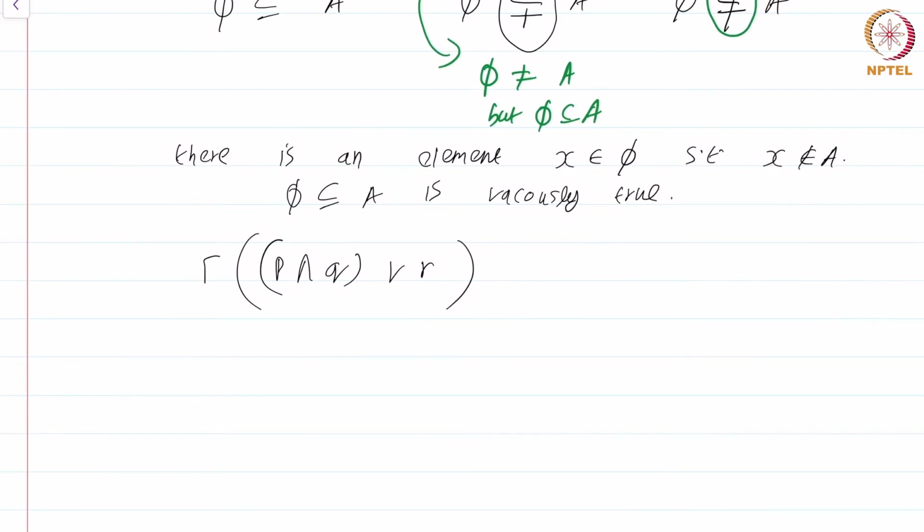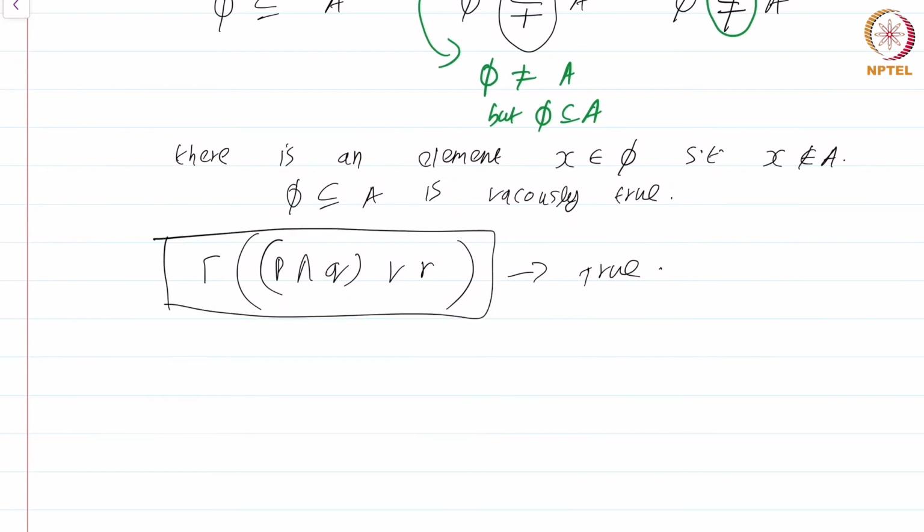What it means is that irrespective of whether P is true or false, Q is true or false, or R is true or false, this statement should be true. Then we can say that this is a true statement irrespective of what truth values P, Q and R take. Such a statement is called a tautology.